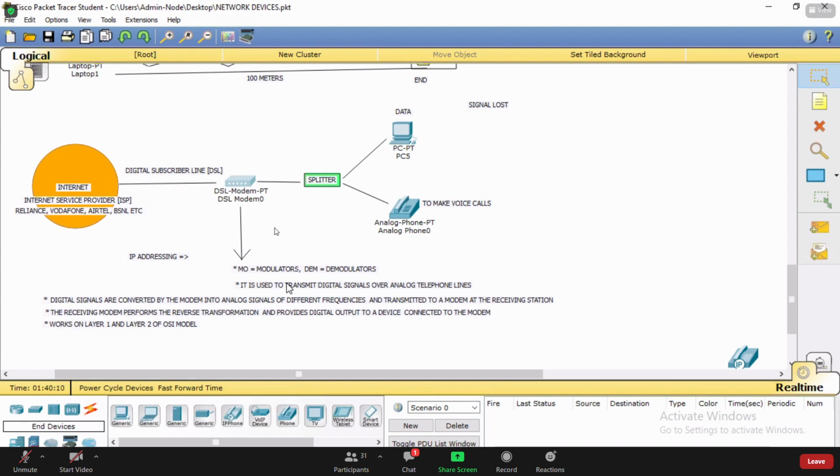And this conversion, digital to analog to digital signal conversion, is done by this device. This is the main functionality. These modem devices work at layer 1 and layer 2 of the OSI model, which means they work at the physical layer and also at the data link layer. So this is the model you have, everyone.